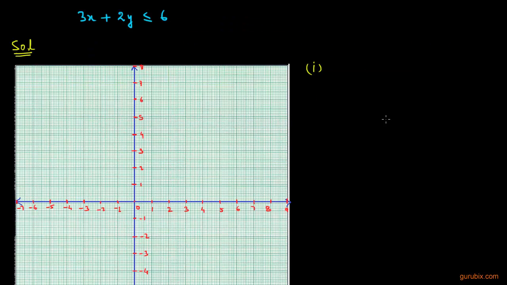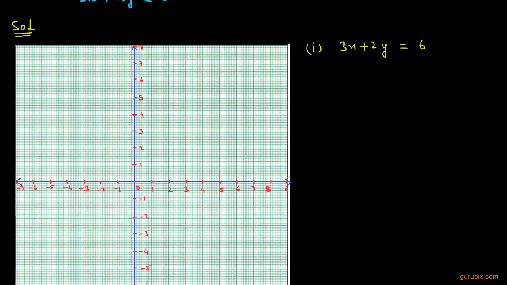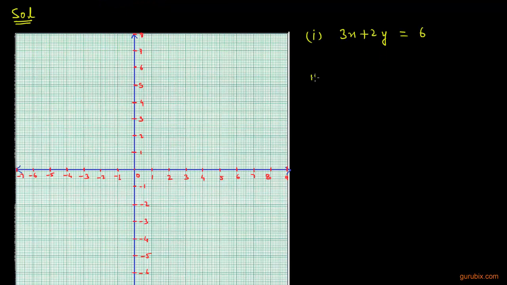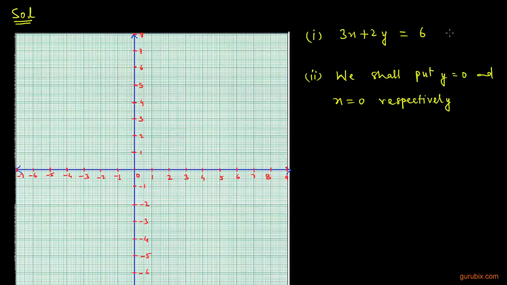Let us see. In step 1, we shall convert this linear inequation into an equation. Then we have 3x + 2y = 6. In the second step, we shall put y = 0 and x = 0 respectively in this equation.